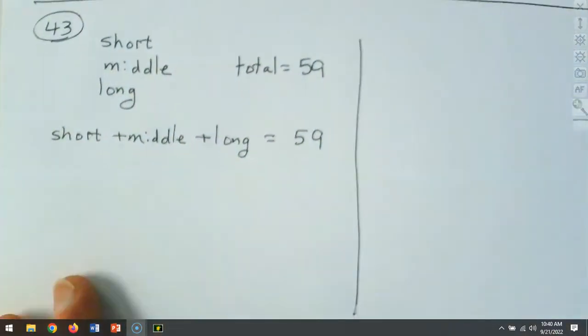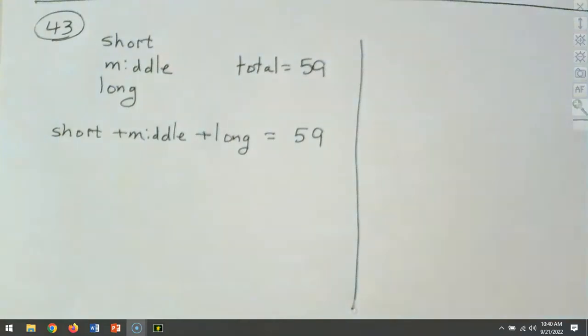So it's the same as what we've done before, it's just that now we have 3 parts instead of just 2 parts. And now we need to see how all of these parts relate to each other. When we read that second sentence, it says the middle piece is 5 inches longer than the shortest piece.